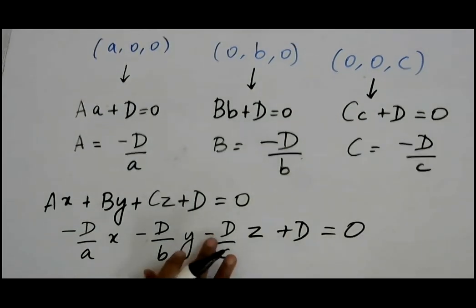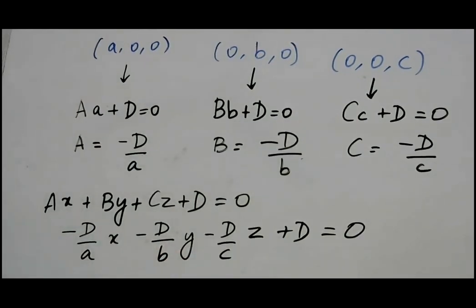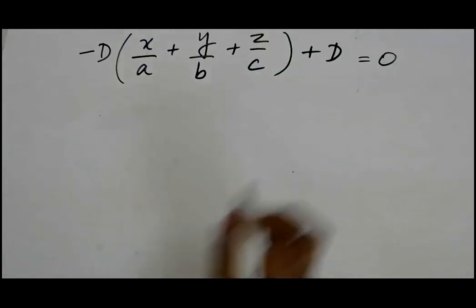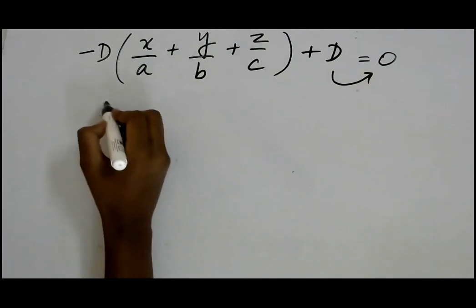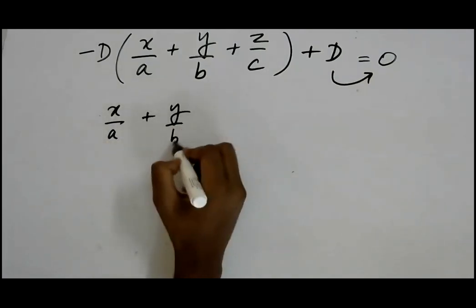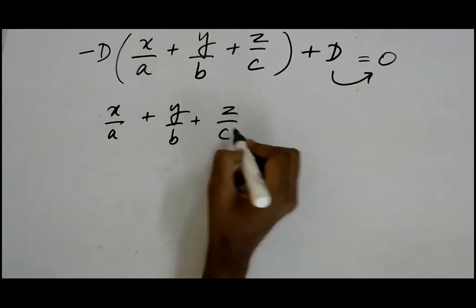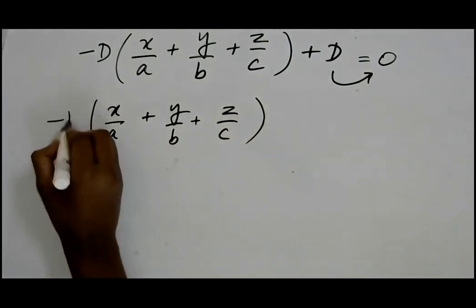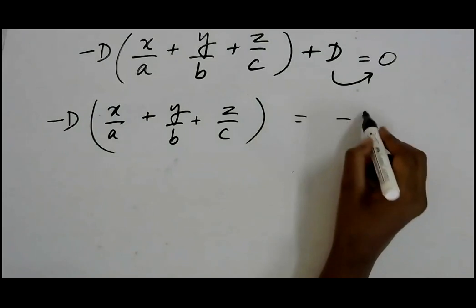Now we'll be taking d common and cancelling the d's, we will be getting the following. So we have x upon a plus y upon b plus z upon c, having minus d common taken out, is equal to minus d.